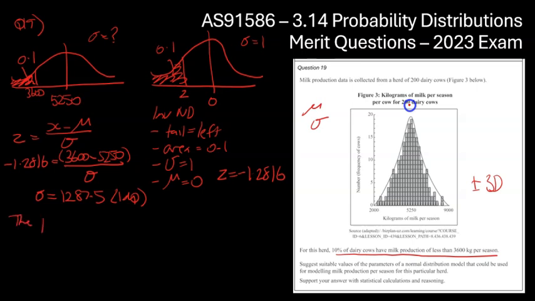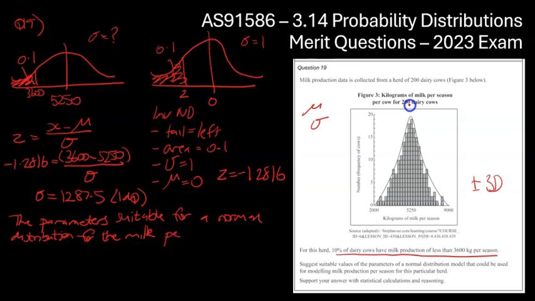So the parameters suitable for a normal distribution for the milk production per season.